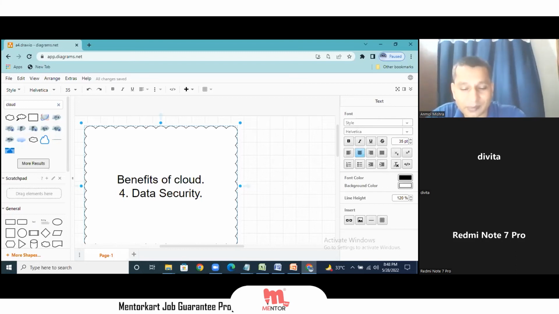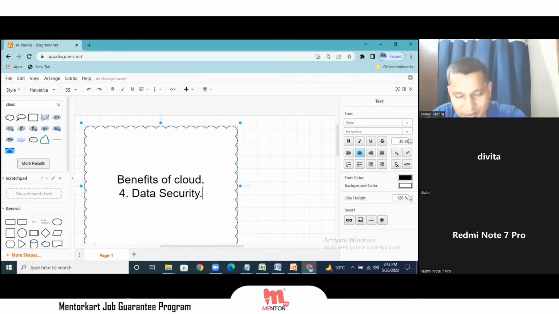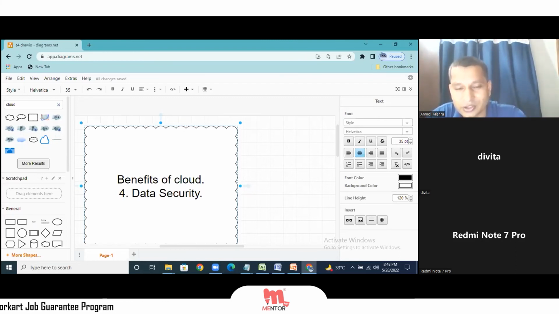For example, currently 50,000 rupees is present in my account, and tomorrow it changes to 10,000, then how do you feel?